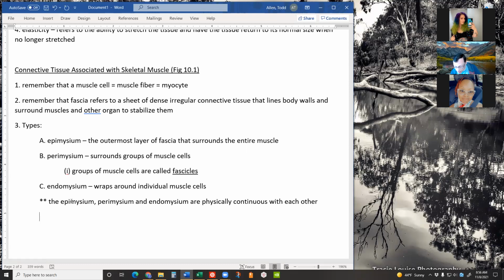Additionally, it is important that you appreciate that the epimysium, perimysium, and endomysium actually are physically continuous with the tendon that attaches the muscle to the bone. Additionally, these three layers of fascia involving the muscle are also physically continuous with the tendon.